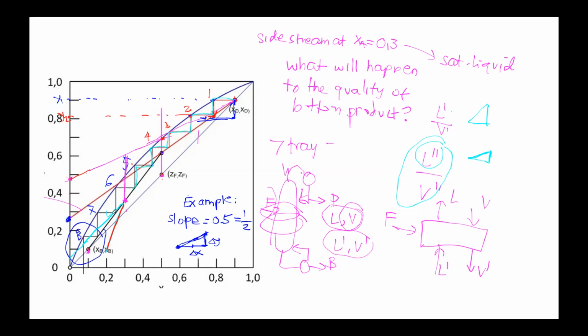For the sixth one, you will have a new stripping line. 5, 6, 7, 8. Because we only have 8 trays, this is your new end product. So how about the quality of the new product compared to this one, the black one?